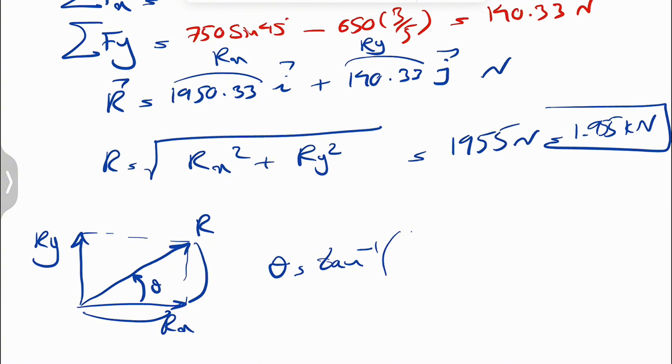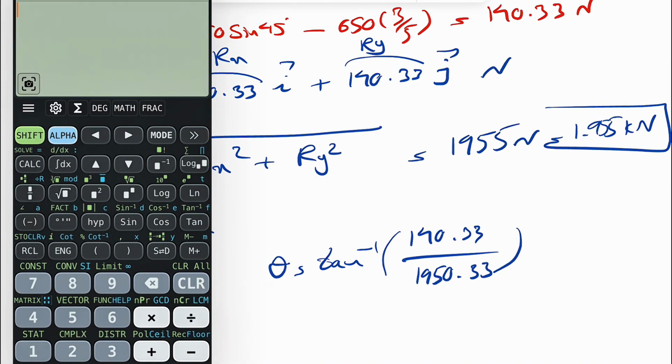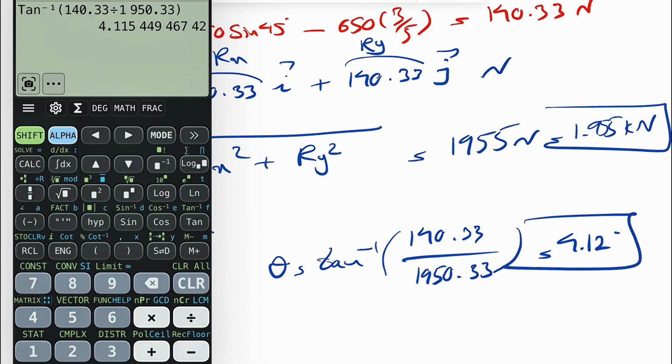So the opposite is 140.33 divided by 1950.33. Let's see what we get. Tangent inverse of 140.33 divided by 1950.33. The angle is going to be 4.12 degrees.